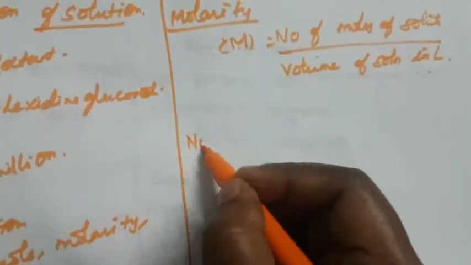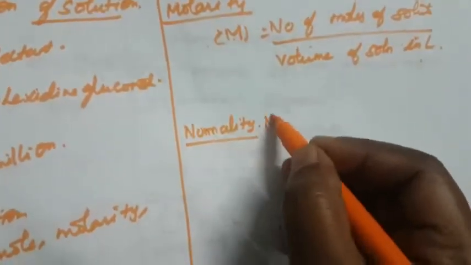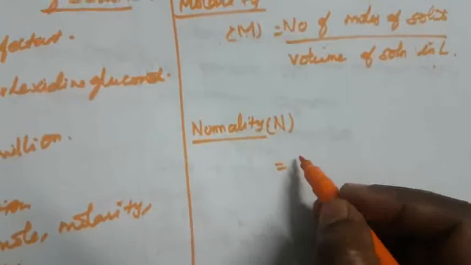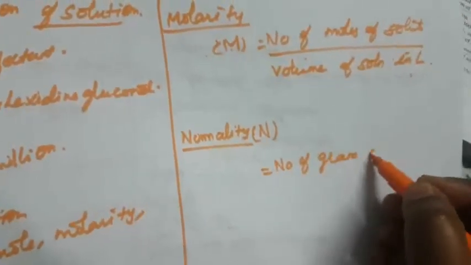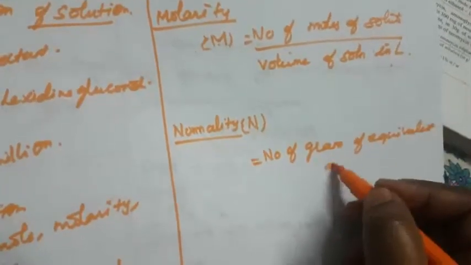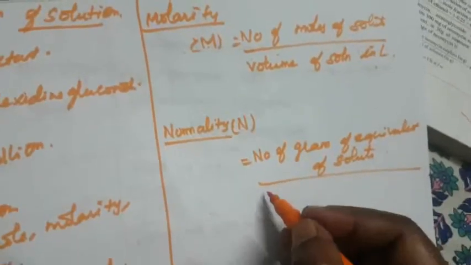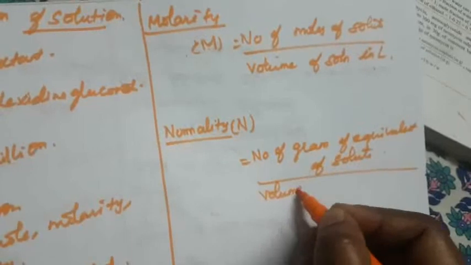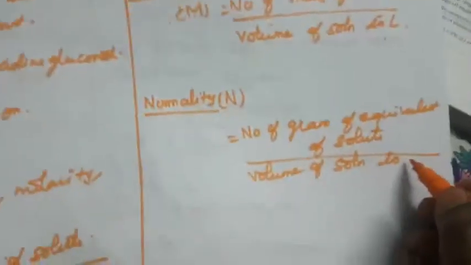Another important one: what is meant by normality? How to express normality? Capital N. What is N? Number of gram equivalents of solute dissolved in volume of solution in liter.